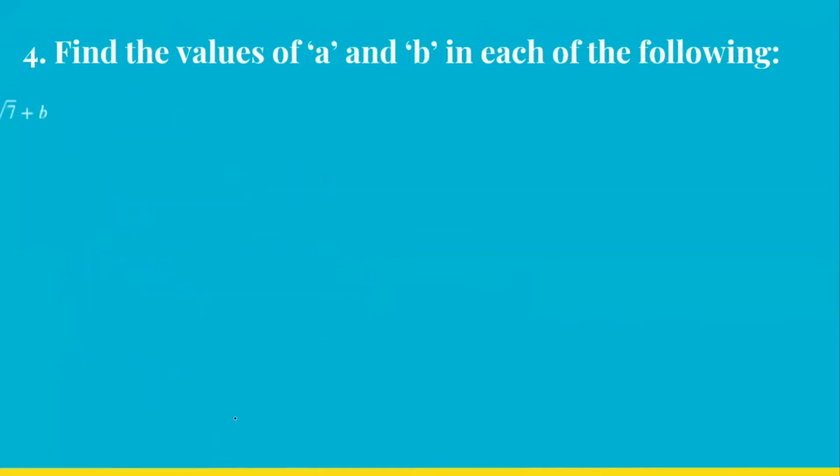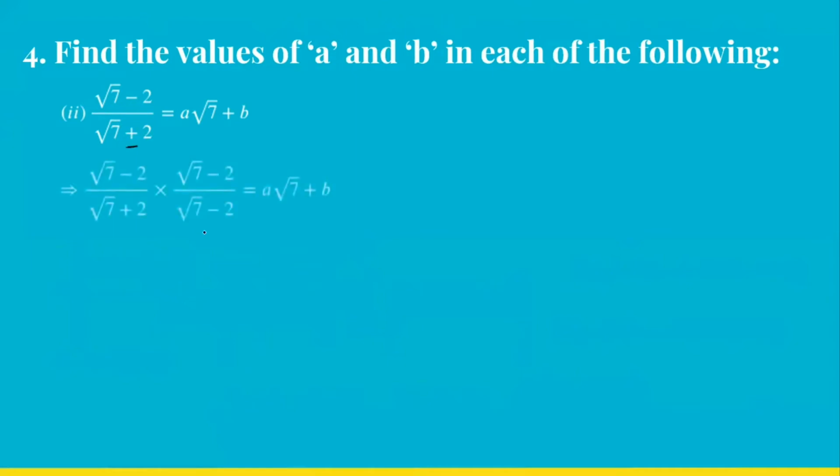Okay, now come on, can you try this yourself? Pause the video, try yourself quickly. The rationalizing factor is going to be root 7 minus 2. So just multiply by root 7 minus 2 and you get root 7 minus 2 the whole square. a plus b into a minus b is a square minus b square, so root 7 square is 7 and 2 square is 4.